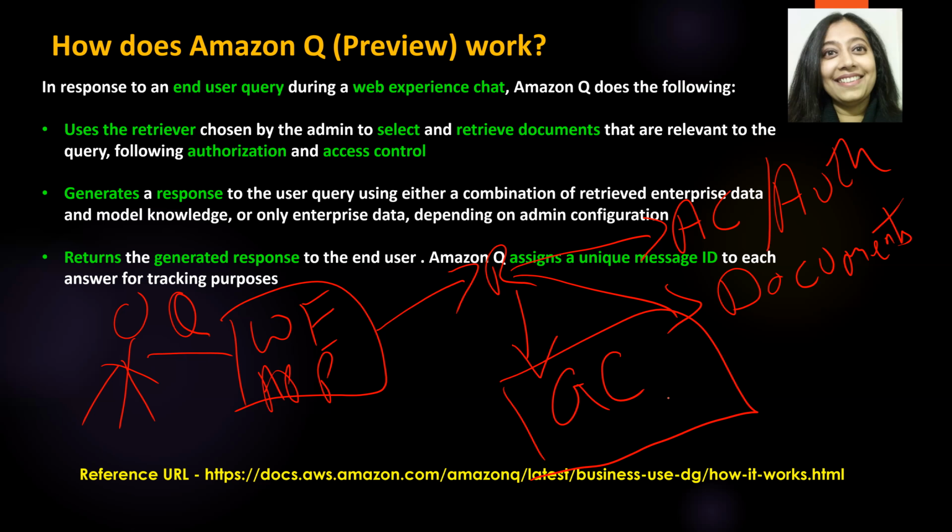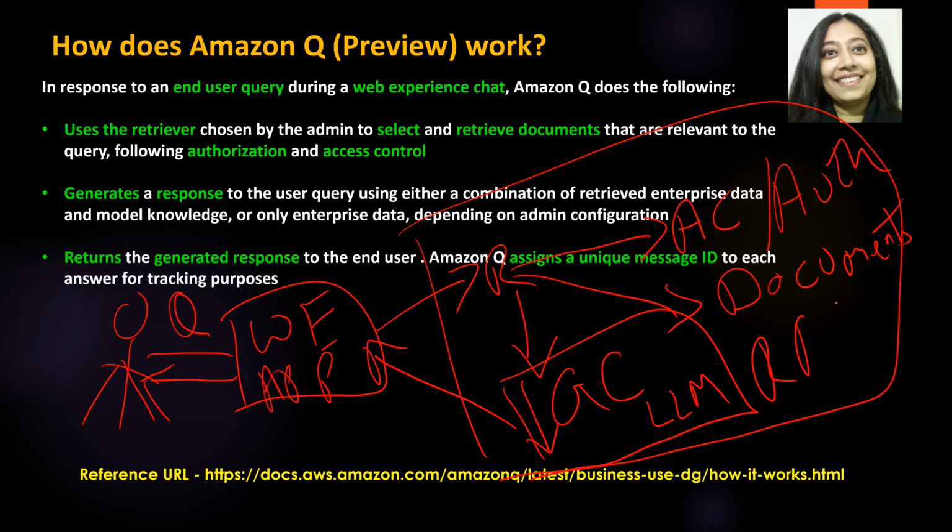The generational component is going to use the large language model, curate the response, look at all the different settings, your authorization, everything else, ensure that hallucination has been minimized, and then send this response back and eventually return it to the user. And this is RAG. So if I have to draw something, it will be something like this. Hopefully this is clear and you've understood how Amazon Q works.